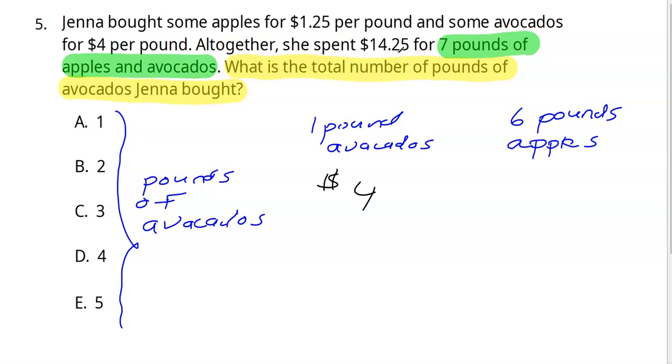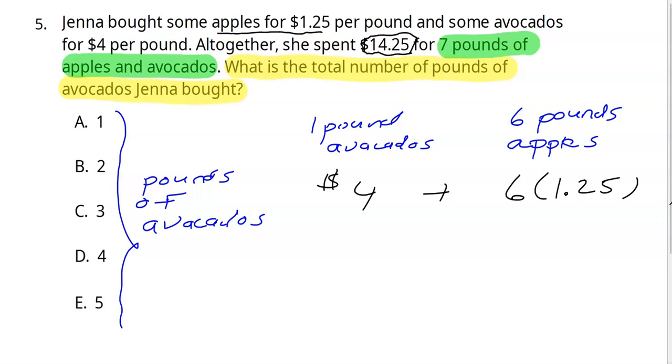How much are apples per pound? It says $1.25 per pound. If I bought 6 pounds, that would be 6 pounds times $1.25, and I'll add these together. If that gives us the total cost of $14.25, then A has to be my answer.